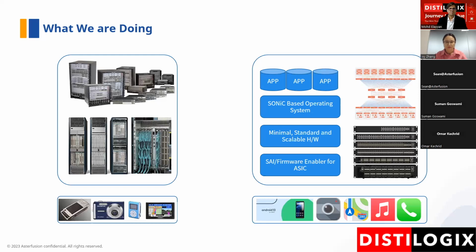The products will be divided into 4 parts: standard hardware, ASIC enabler, network operating system, and applications, so that users can even join the ecosystem by developing their own applications based on their own demands. There will be no complicated hardware implementation and vendor locking.